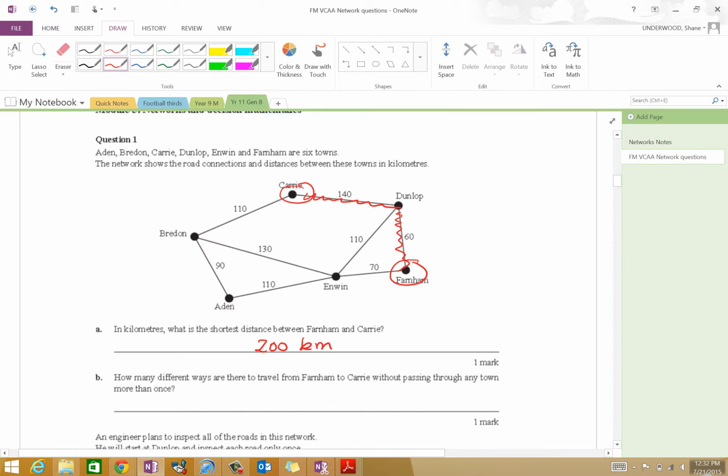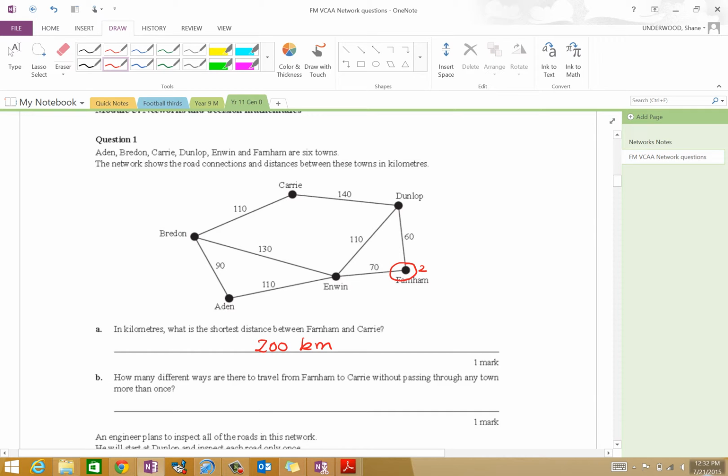How many different ways are there to travel from Farnham to Carry without passing through any town more than once? So, what are we talking about? Farnham to Carry. Now this is where lazy students go, what's the first thing we're going to do? Let's have a look at the vertices. So we're going to say that's of degree 2.